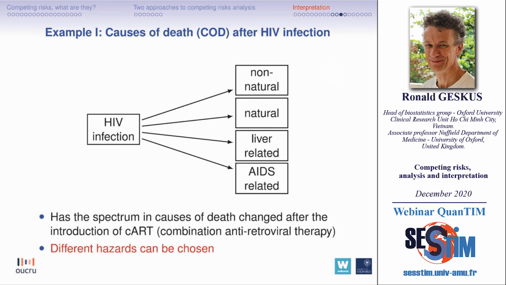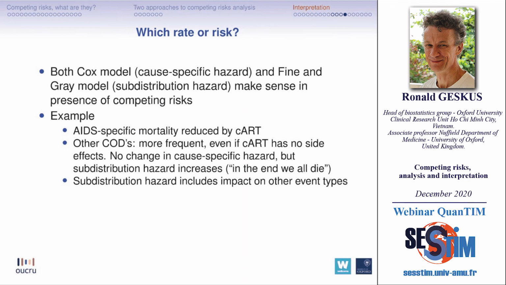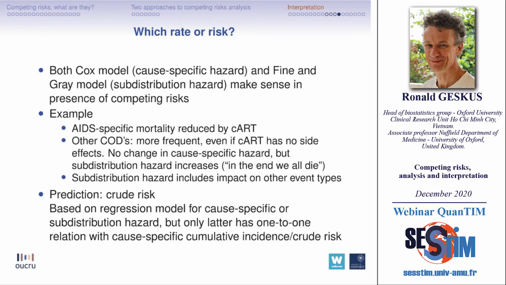For the cause-specific hazard, because CART itself, in my assumption, has no causal impact on the natural causes of death, it doesn't matter, but for what is actually observed over time, and that is what is quantified in the subdistribution hazard, we will see a change. So that's basically what I say here in the example, so I'm not going to repeat this again. For the actual computation, the subdistribution hazard has the nice property that it has a one-to-one relation with what's happening at the cumulative scale.